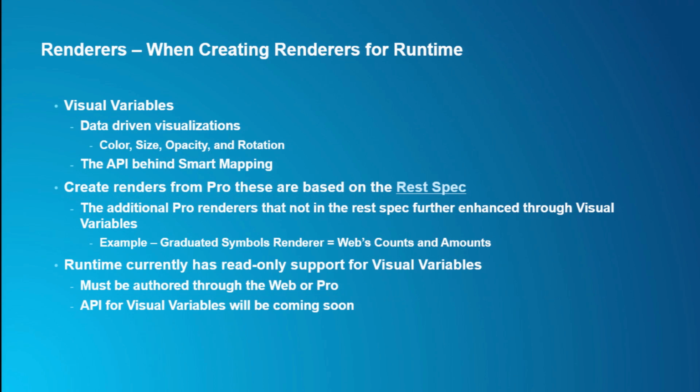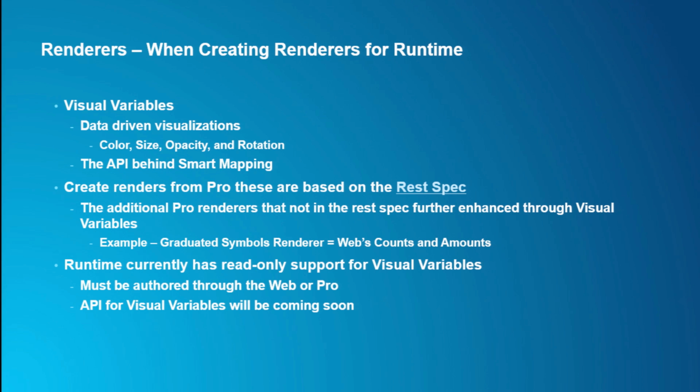And something that I don't know if you know about, it took me a while to understand visual variables. Visual variables are basically data-driven visualizations. And what you can do is you could set a visual variable to modify color, size, opacity, or rotation of any symbol in your renderer. And this is the API that's behind the smart mapping.